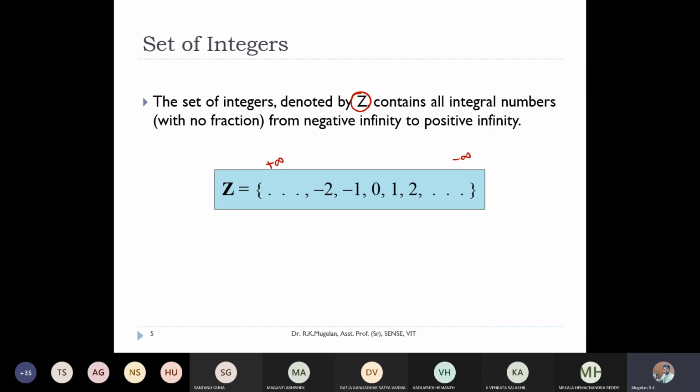Does the set of integers include fractional or decimal values, yes or no? You can use the chat box to answer. Does the set of integers have decimal values or not?